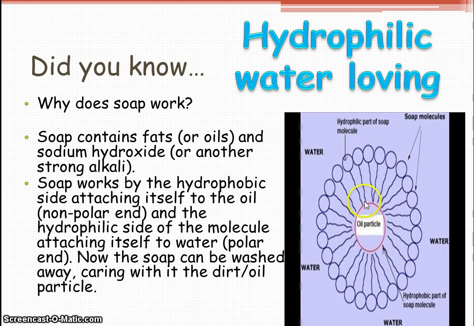And so we have all the hydrophobic parts attaching to the oil particle. And the hydrophilic, which is on the outside, which is polar, will attach itself to the water. And so when you rinse your hand off, the hydrophilic part will attach itself to the water and pull the oil particle away, leaving your hand nice, squeaky, and clean.